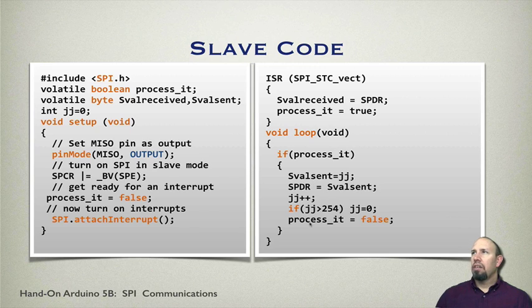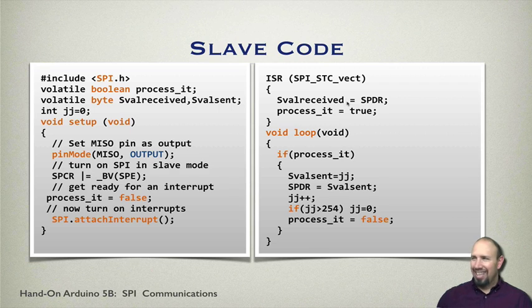I'm receiving the value here, but I'm not doing anything with that value that's received. I am sending it another value though. So I could do something with it. I could use it to control something or whatever. This is just to display the fact that I can send and receive data. And you'll have to take my word for it that this actually works.